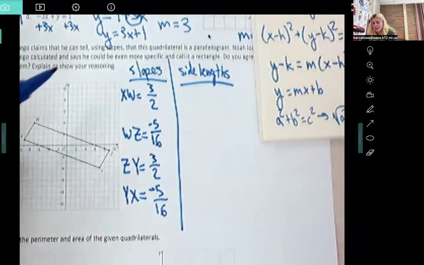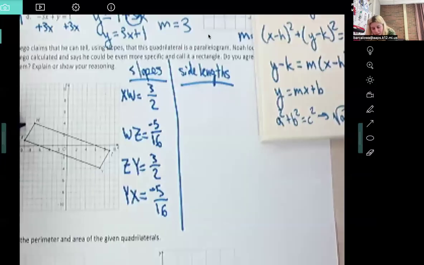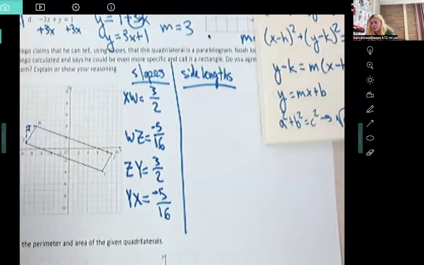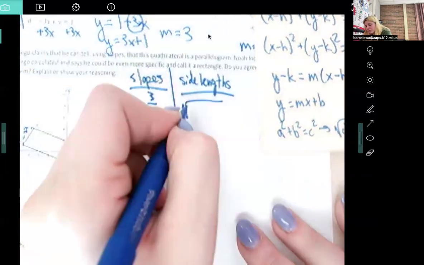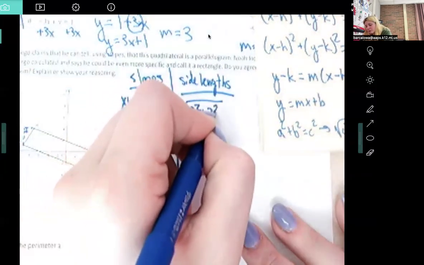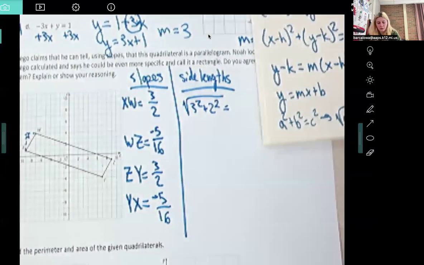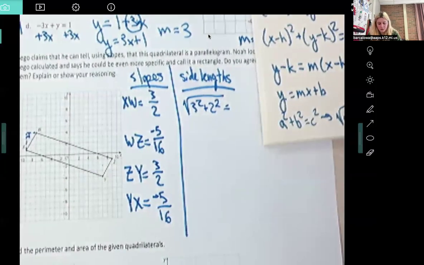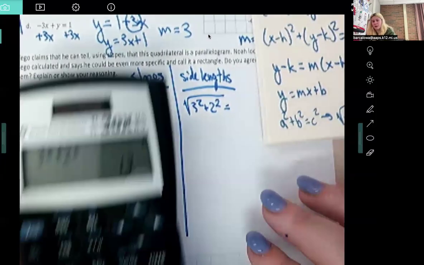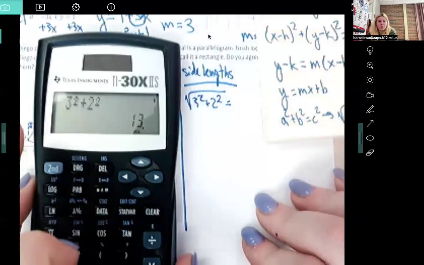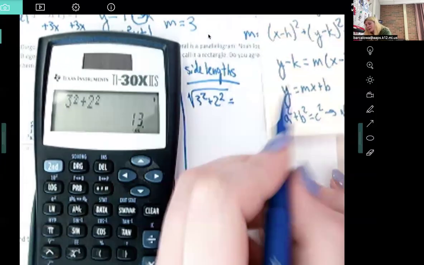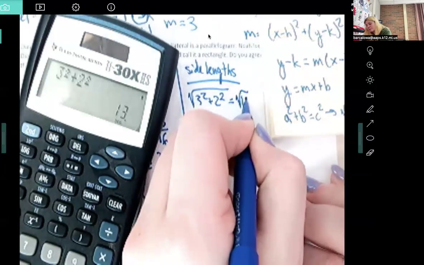So for my side lengths, from x to w, if you make a triangle, got one side length of 3, one side length of 2. The square root, 3 squared plus 2 squared. Okay. I like to just type in the part under the root because look, I got 13. So I'm just going to leave this as square root 13.